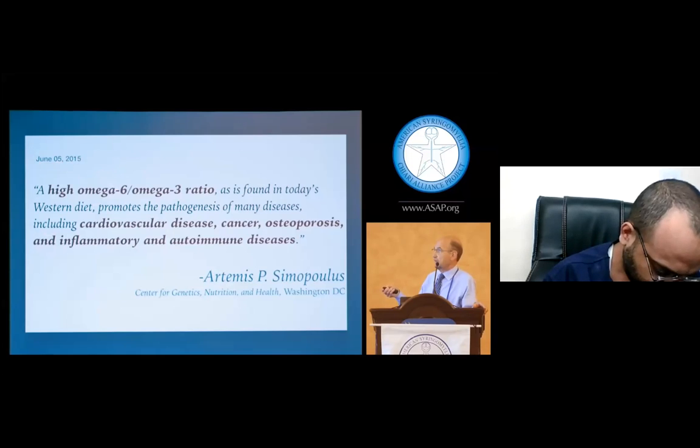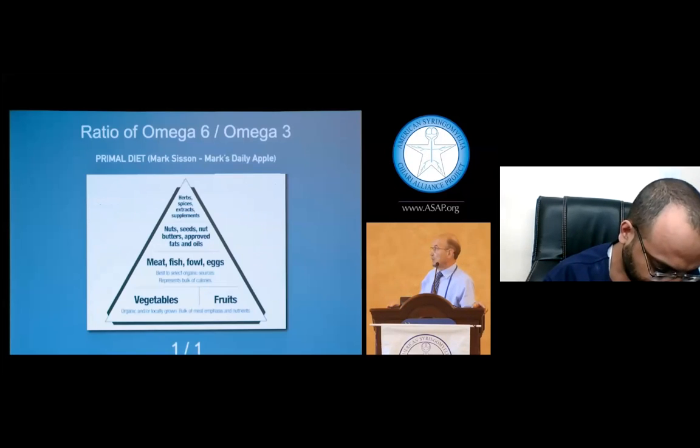Unfortunately, our diet is very heavy in omega-6. And a high omega-6 to 3 ratio found in today's Western diet promotes the pathogenesis of many diseases, including cardiovascular disease, cancer, osteoporosis, and inflammatory and autoimmune diseases.